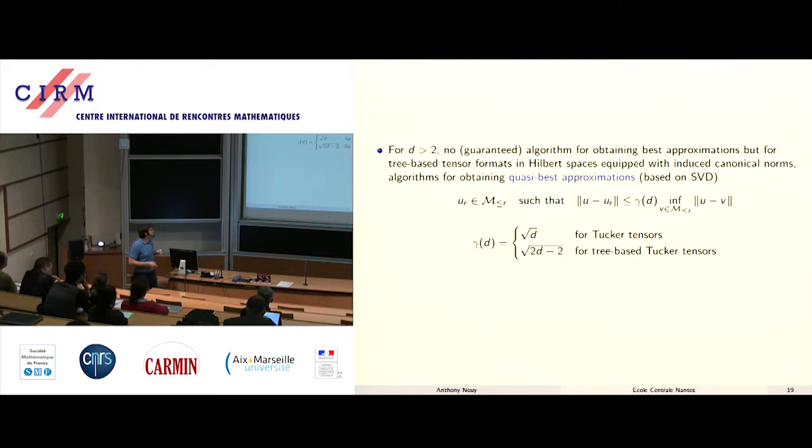Based on higher order versions of the SVD, you are able to construct an approximation that is, up to a constant, the optimal approximation in your subset. And this constant grows with the dimension, but not too fast, you see? Square root of d. So you have a practical algorithm in order to compute. In a particular situation, I emphasize this, when you manipulate the norm which is the induced canonical norm.